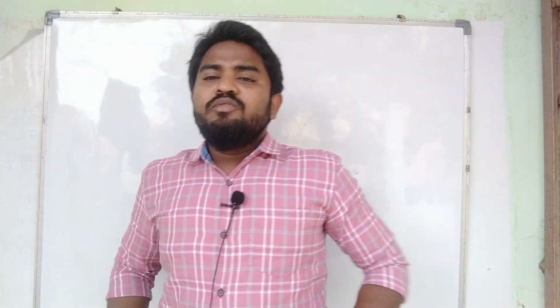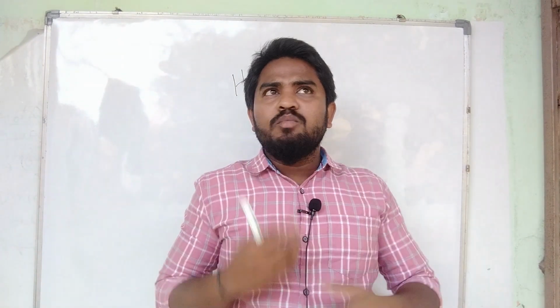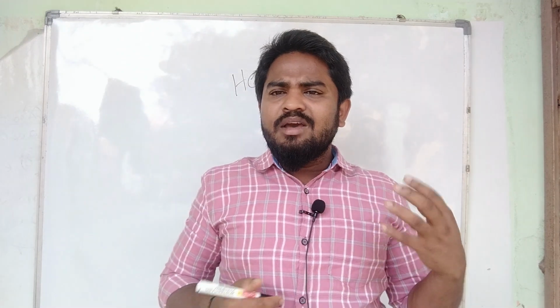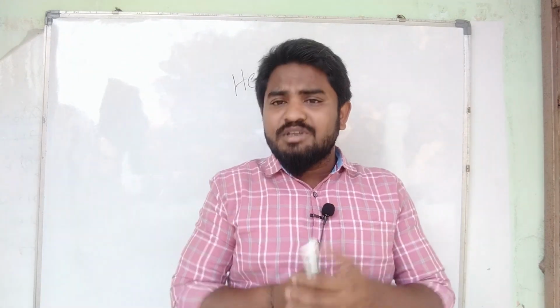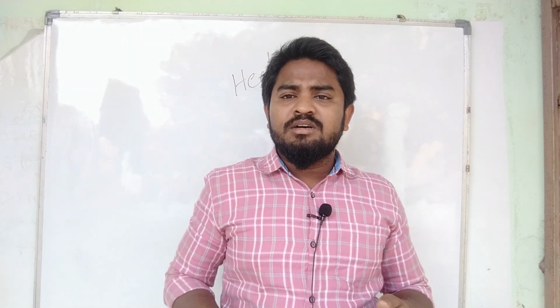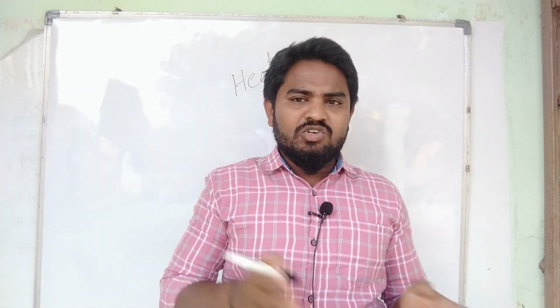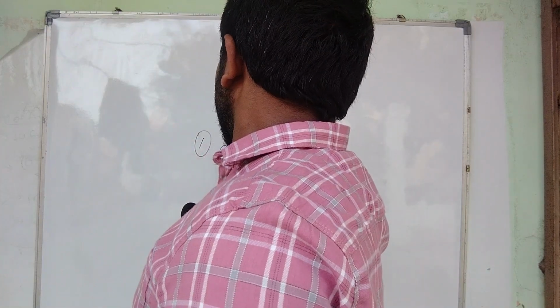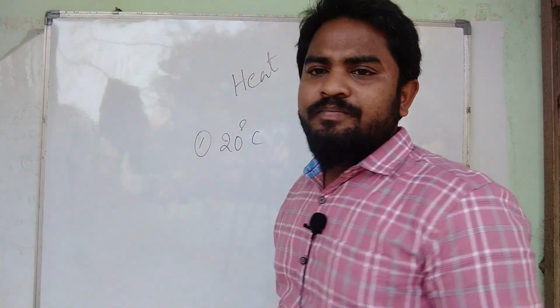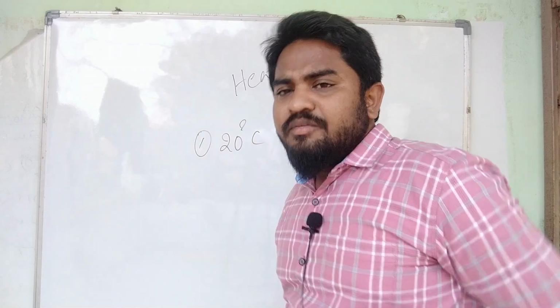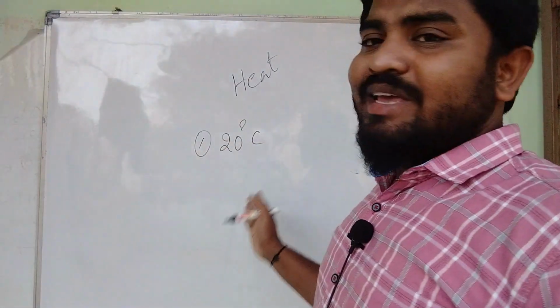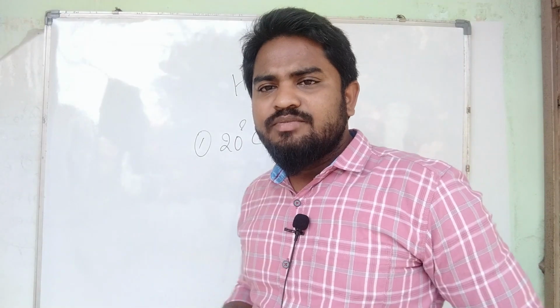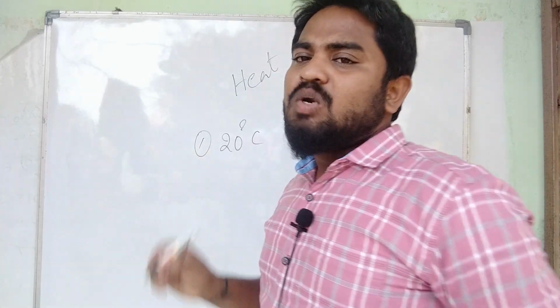One more problem here: they may ask you the conversion of temperature. Convert 20 degrees Celsius into Kelvin. When you want to convert it into kelvins, first you have to add 273.